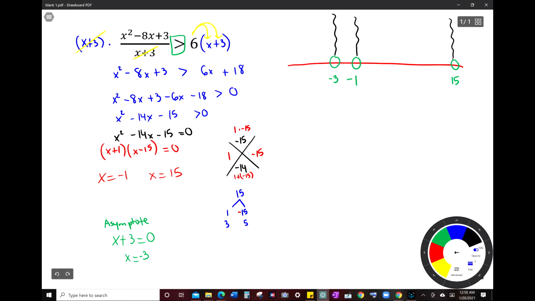So for the first region, or the first interval, I take one value. I will pick negative 4. Okay, so then for negative 4, take this right here.